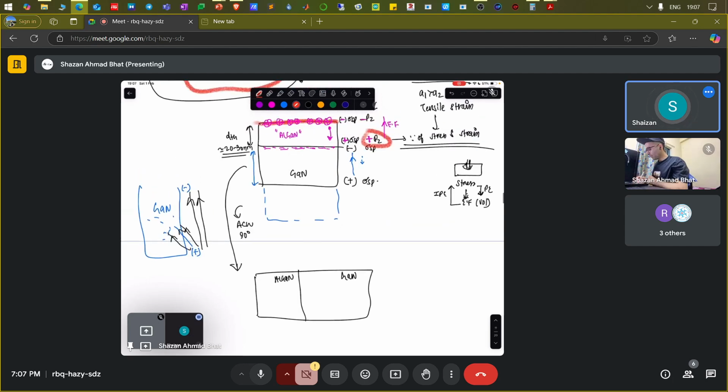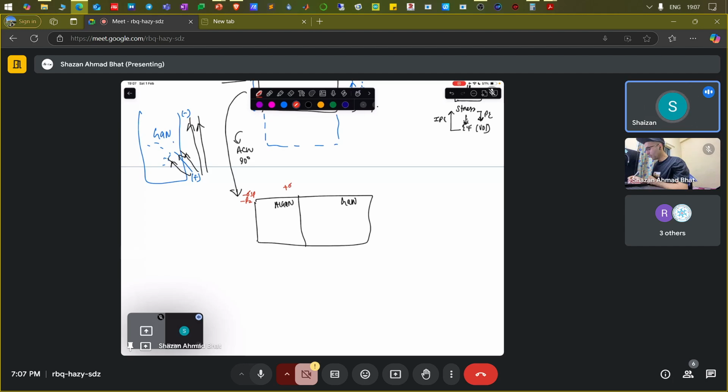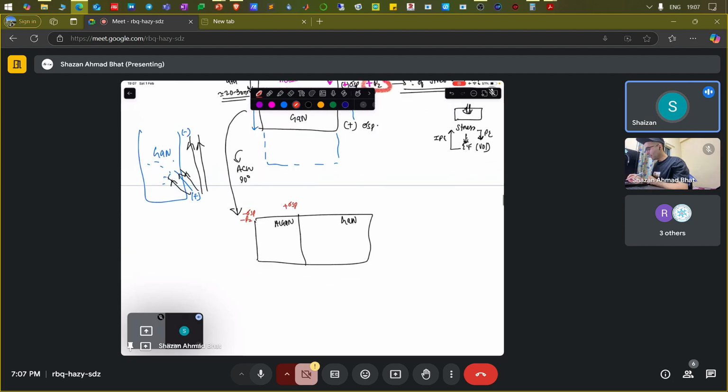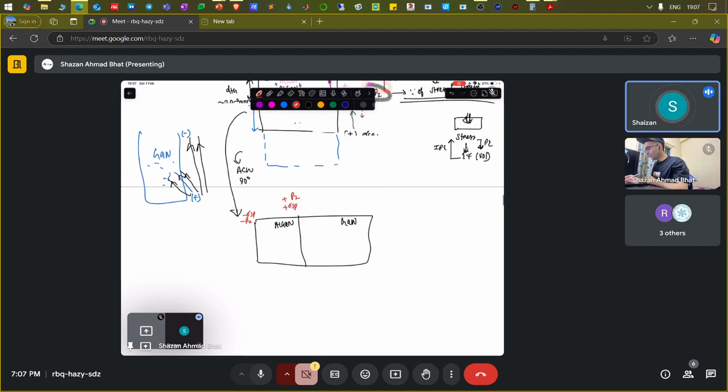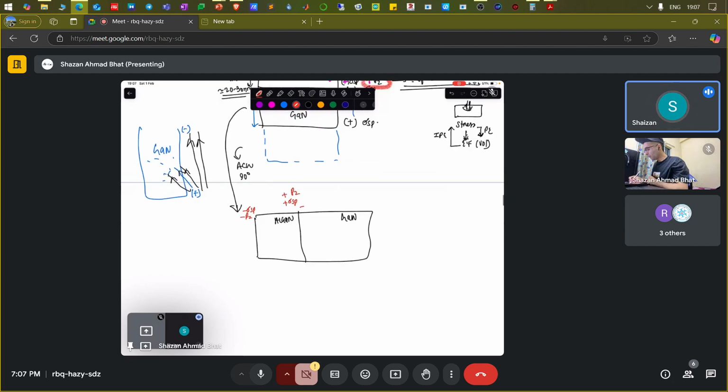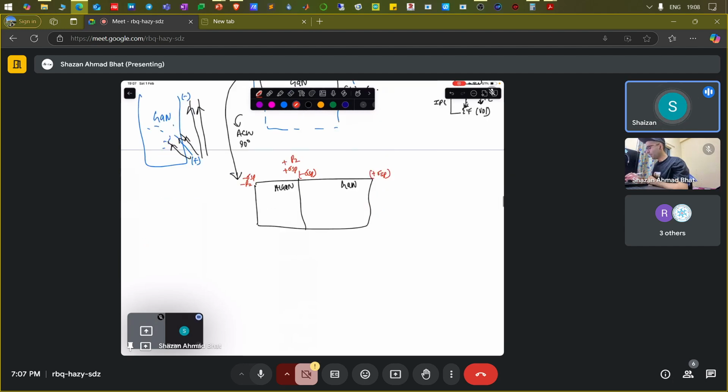There are two charges here. There is negative because of spontaneous polarization, negative because of piezoelectric polarization. There is positive because of spontaneous polarization of AlGaN, positive because of piezoelectric polarization of AlGaN, and negative because of spontaneous polarization of GaN. Let's consider this as positive because of spontaneous polarization of the GaN, but this is far away.